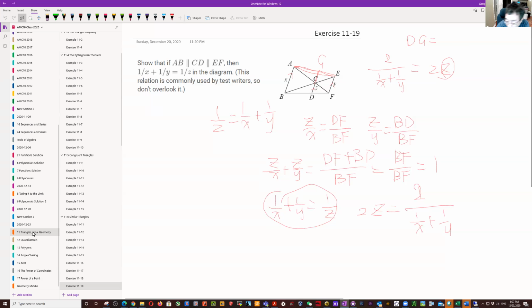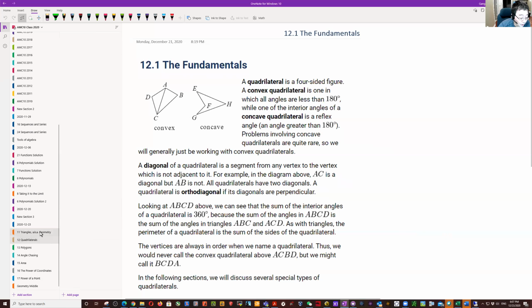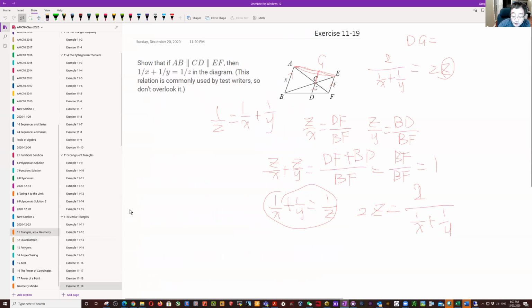So let's go to the quadrilaterals. So we have been covering the circle. The circle has a very fun fact, the arc and inscribed angle one-half relationship, and also the power of a point theorem.